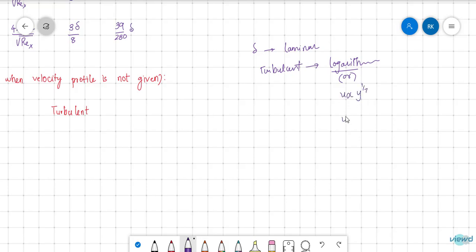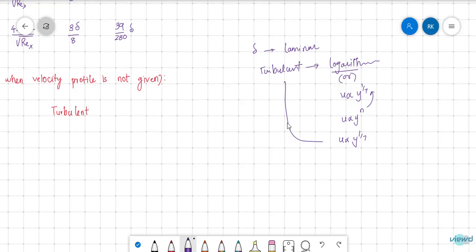Power law means u is proportional to y power n. Generally this n is equal to 1 by 7. If u is proportional to y power 1 by 7, this is called as turbulent.